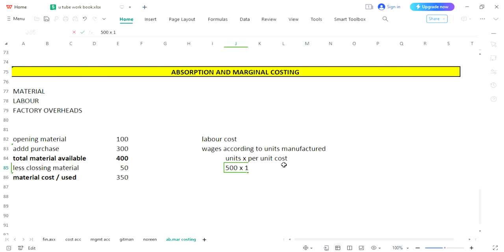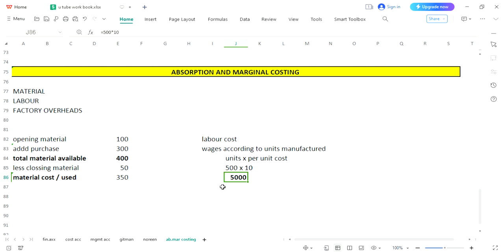That lump sum amount I'm just telling you right now. So what will happen? 500 units the labor have made. For every unit 10 rupees are settled to be paid out. So it means the total or lump sum amount which would be paid is 5,000. So this is according to the number of units manufactured.